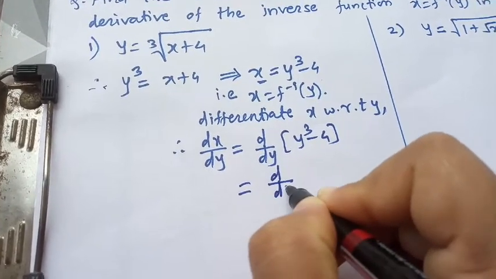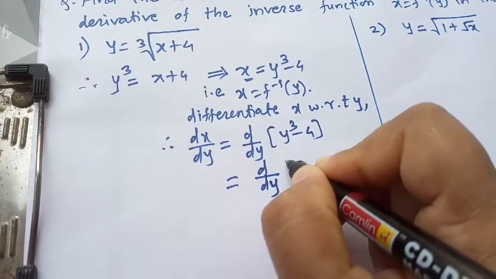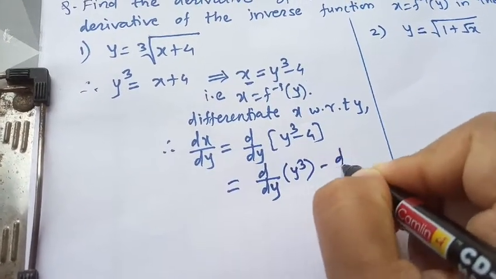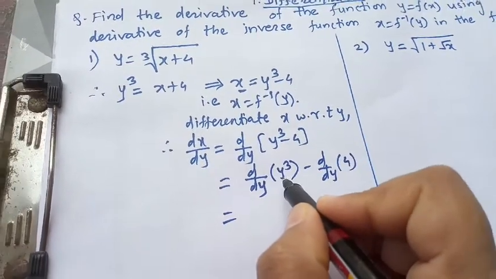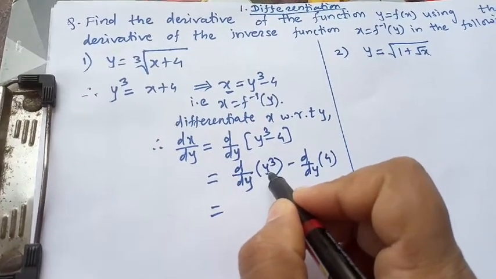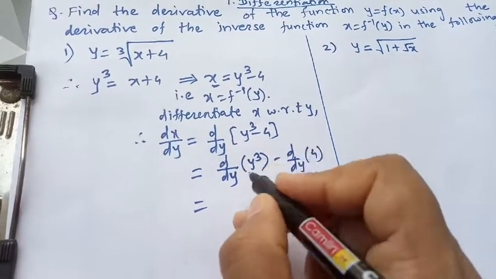Now we can distribute this derivative to each term of this bracket: d by dy of y cube minus d by dy of 4. Now d by dy of y cube is in the form x raised to n, and its derivative is n x raised to n minus 1.